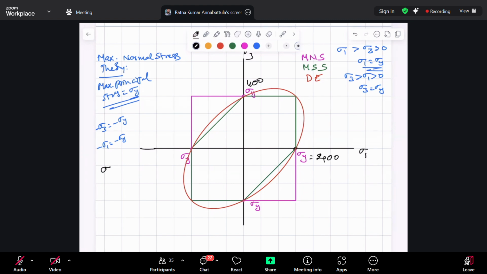This is 400, 400, 400. Your state of stress sigma 1 comma sigma 3 is equal to 200 comma 200. Both are equal. So let us say 300, not 400, 300, because that's easy for me to draw.